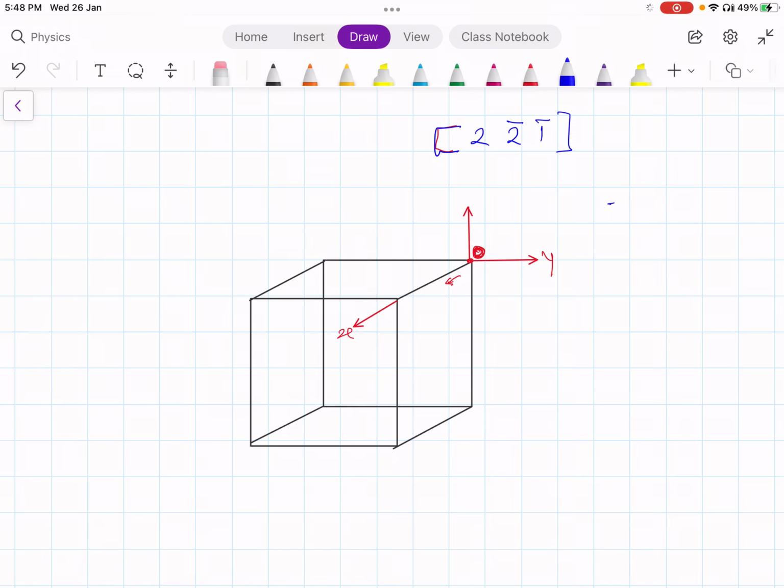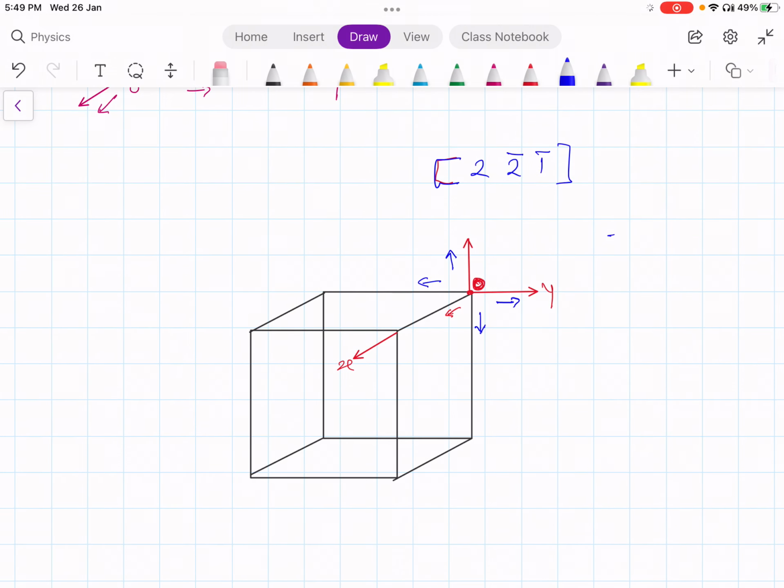Now as I told you earlier, this side of origin is positive y, this side of origin is positive z, this side of origin is negative z, and this side of origin is negative y. And this is what we want. We want positive x, negative y, and z. Then let's start our journey.